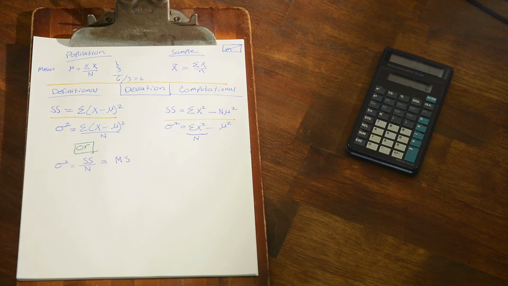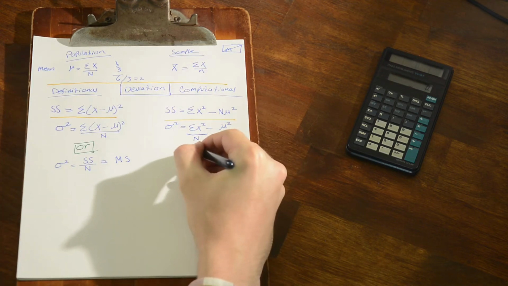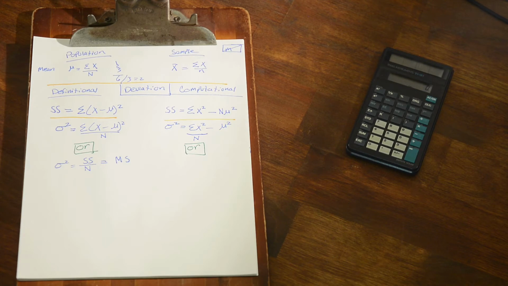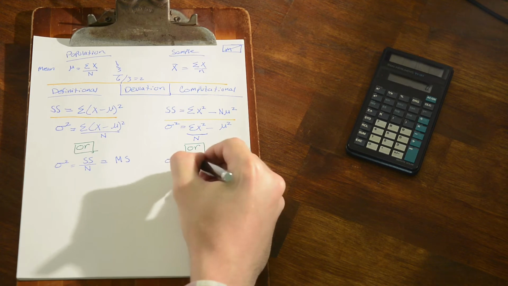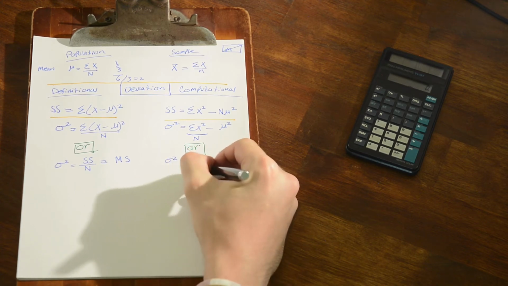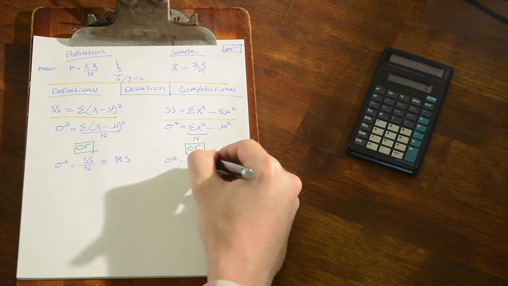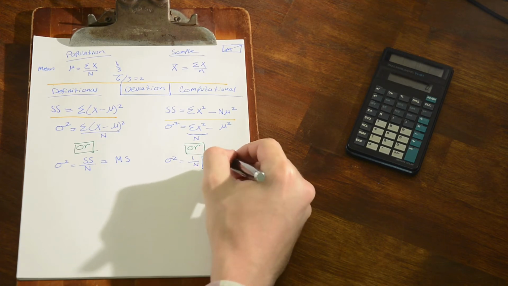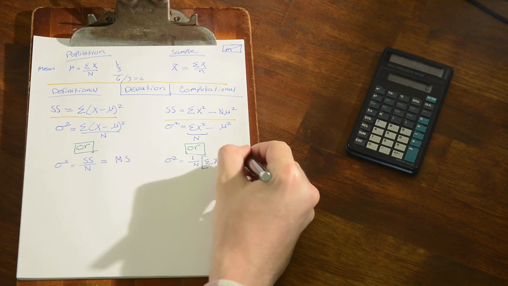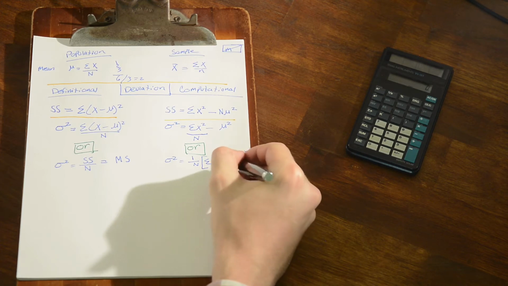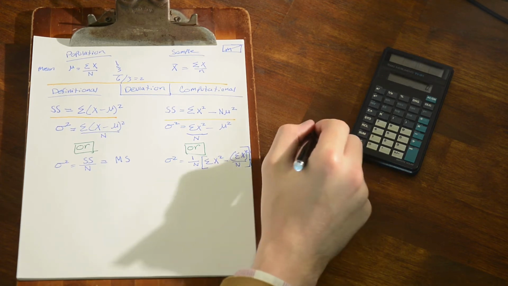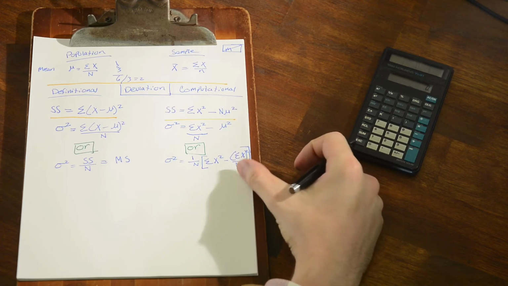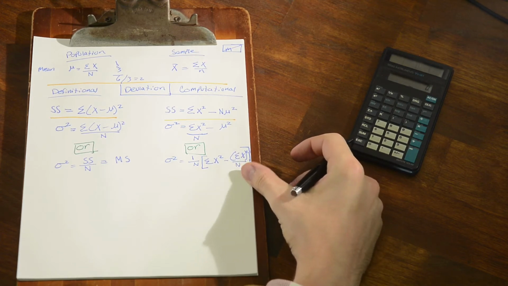The alternate way of doing this is if we take 1 over n, then brackets, multiply that by the sum of x squared minus the sum of x squared divided by n. We'll put that all inside the bracket. We've got room. There we go. This is perhaps my favorite formula for calculating the variance just because of how simple it is. It doesn't look simple now, but it's actually fairly easy to calculate.